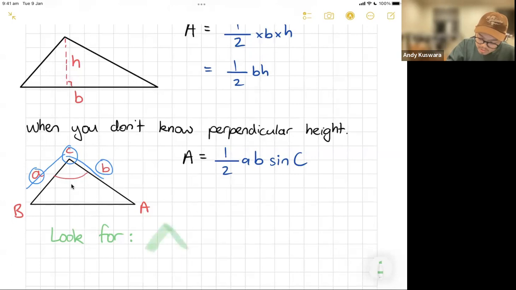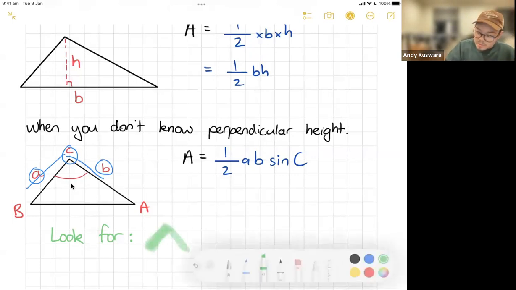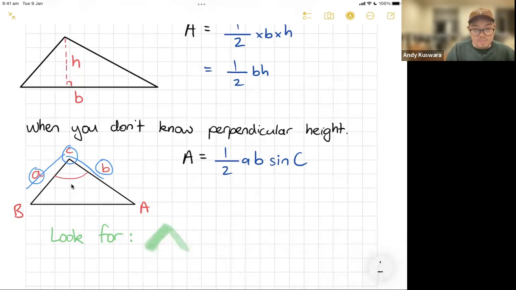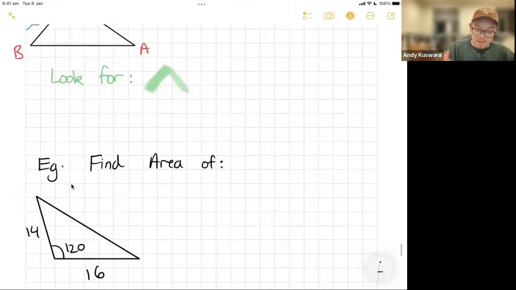This one just kind of looks like a little hut. That's my little hint that I've got the area of a triangle. Sorry, I'm rambling. Hope this makes sense.